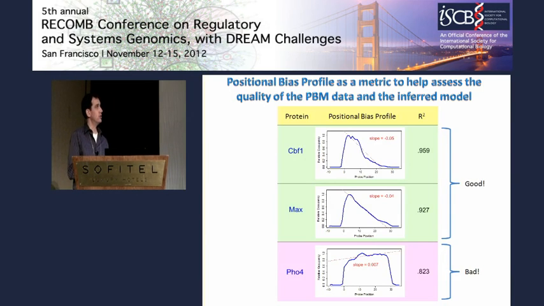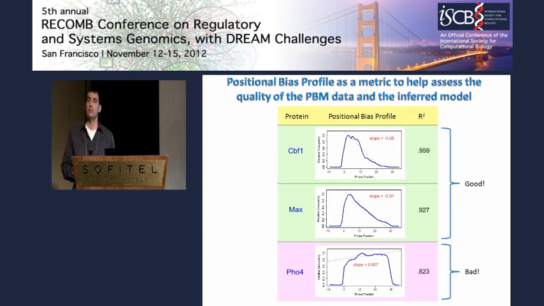Even for the exact same amino acid sequence, what these positional bias profiles look like is very dependent upon how big the protein is and what its shape is, because that determines how well it can get into the carpet of these compact DNA oligos. And even the actual positioning of the oligos along the array itself could make a difference.